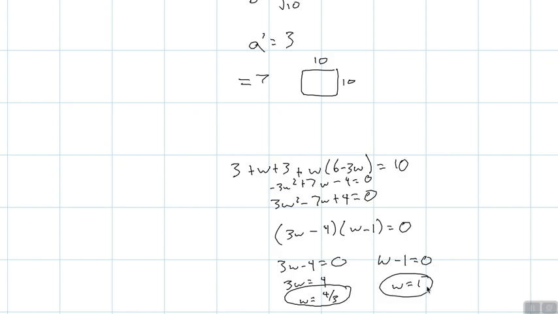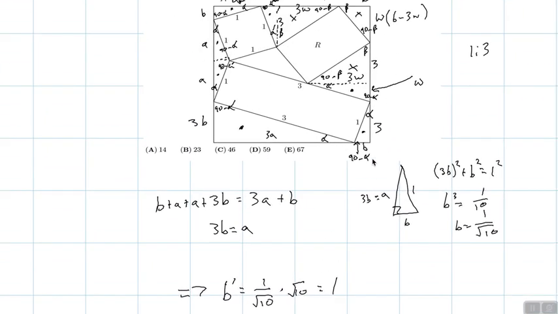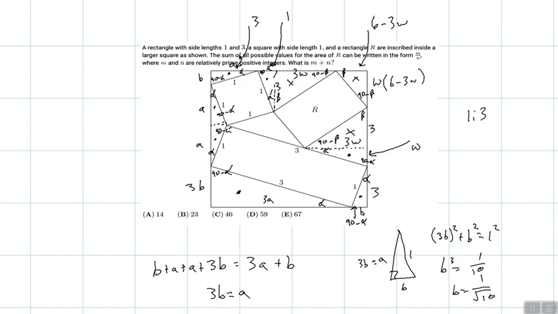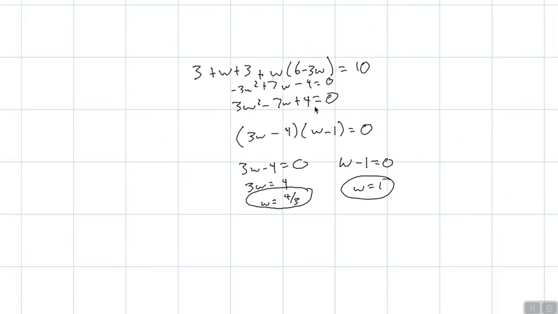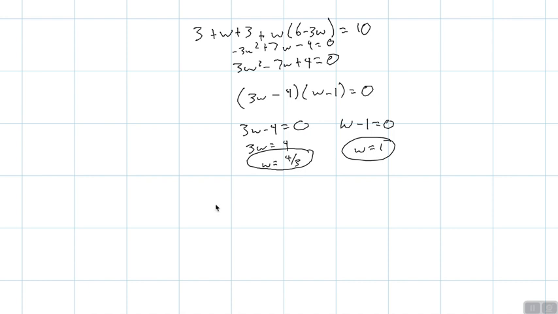So we get two values for w, and this kind of makes sense because this is asking the sum of all possible values for the area of R. And so since we got two different values of w, it looks like we're going to get two potential areas for R. So we can check both of these.